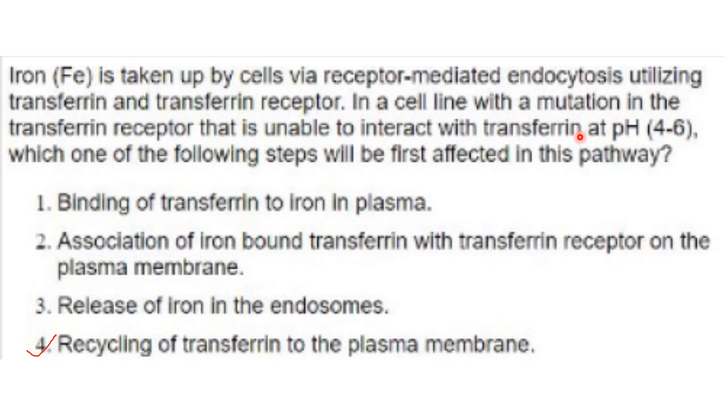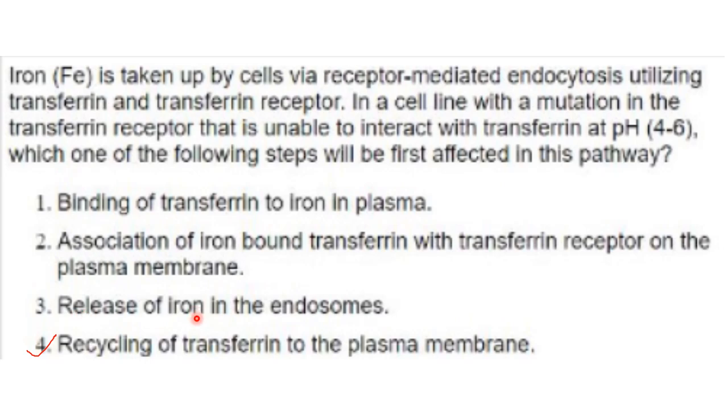So transferrin also will get dissociated from the transferrin receptor because the mutation is such that the transferrin receptor is unable to interact with transferrin at pH 4 to 6. So transferrin is going to get dissociated from the transferrin receptor and it will be released along with iron.